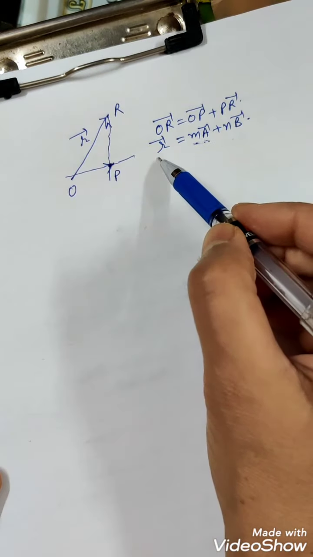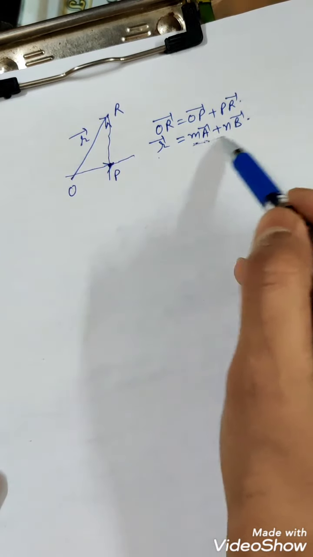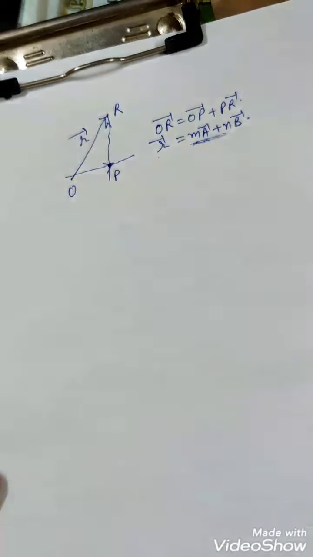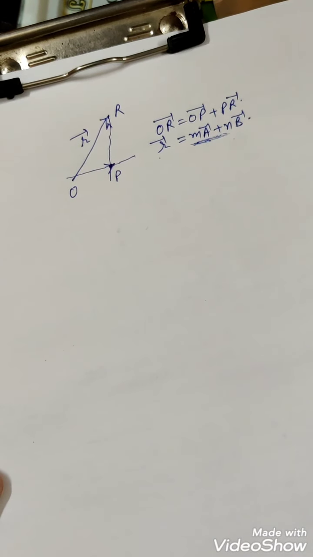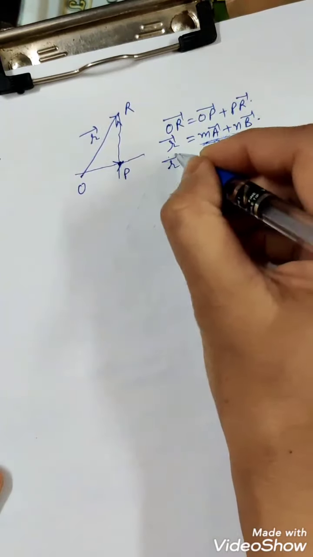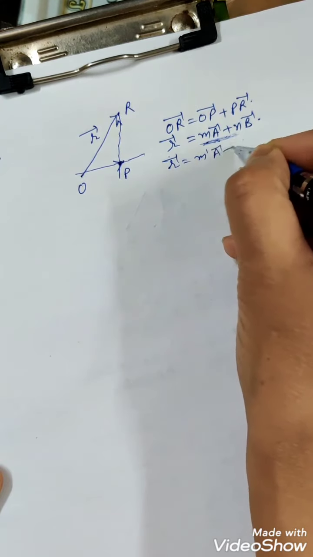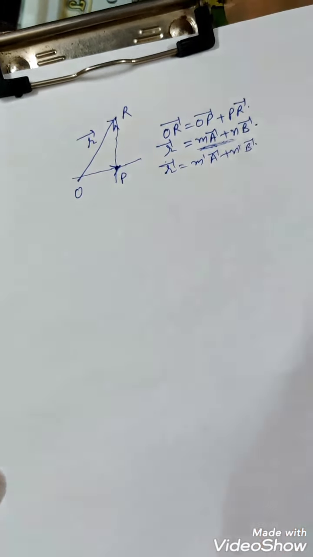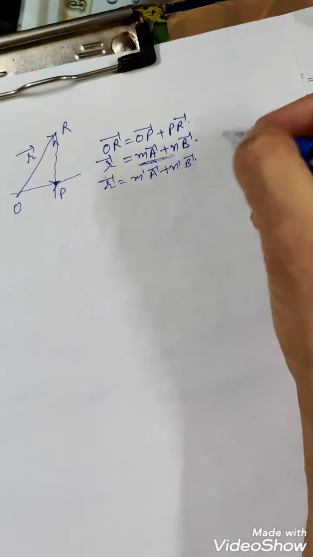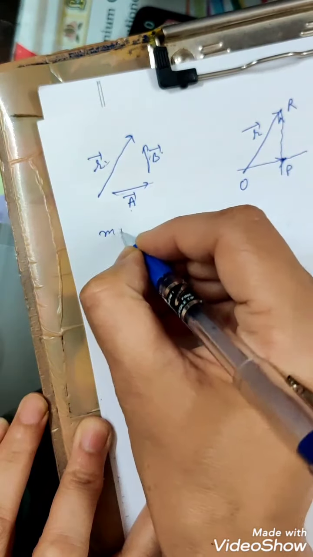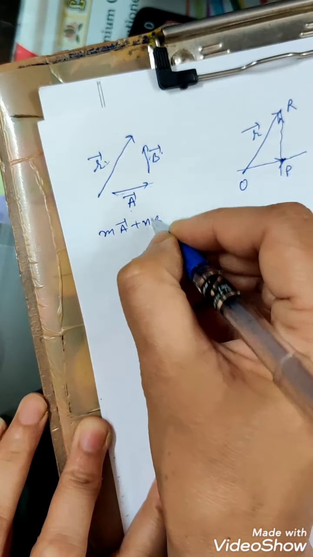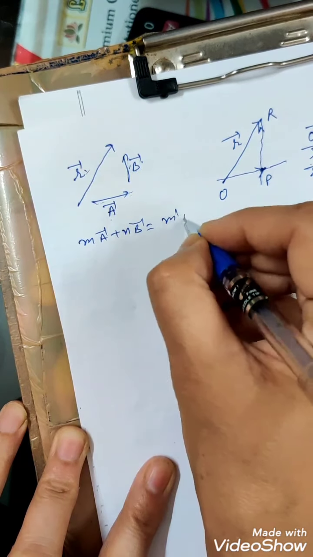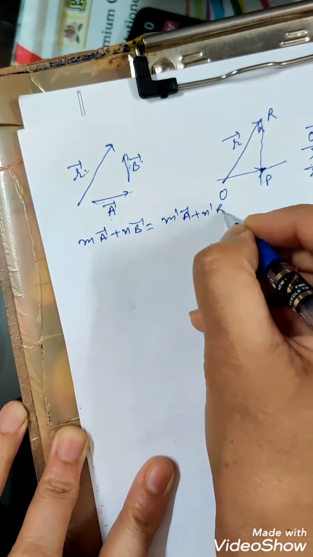A vector in given directions is resolved into two components, and it has a unique value, meaning only one value. Suppose in the same directions there is another set of values in which it resolves. When we equate them, mA vector plus nB vector equals m dash A vector plus n dash B vector.